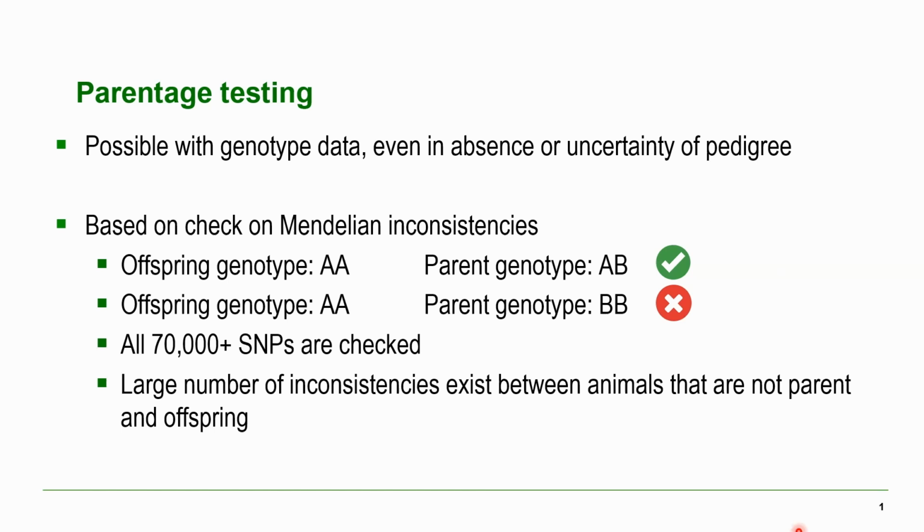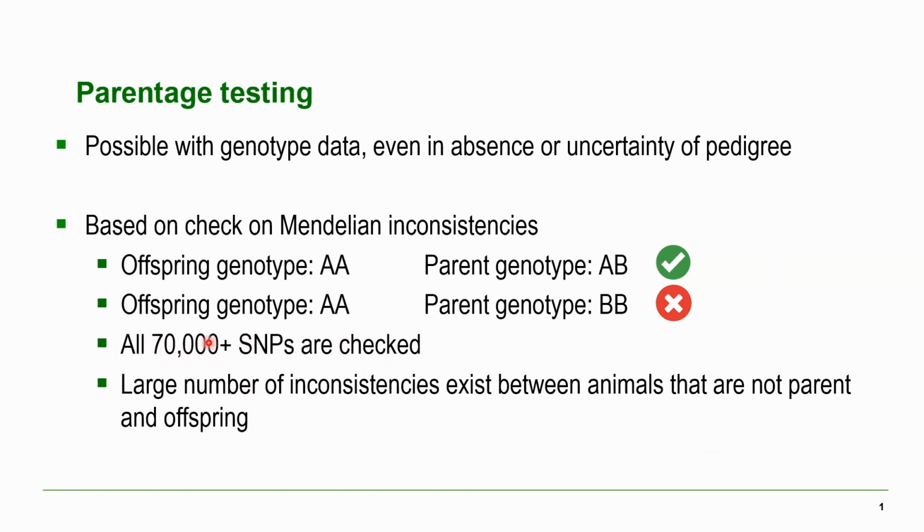We don't know which of the two parental alleles it inherits because it's a 50-50 chance, but we know that one allele comes from one parent and one from the other. Checking on these inconsistencies, we will check on all SNP data that is available.